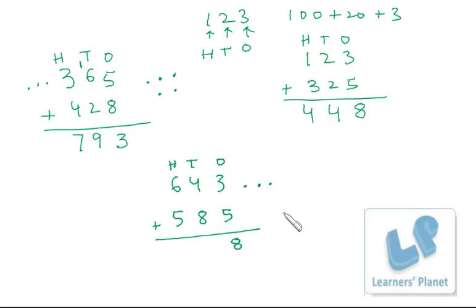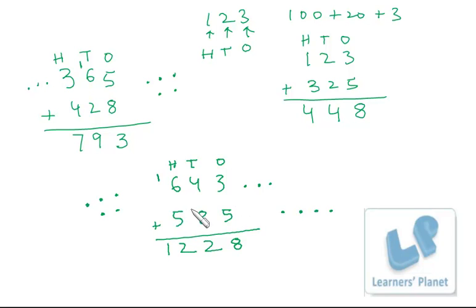So 8 is in your mind, 9 10 11 12. Write 2 over here and 1 should be carried. Similarly 6 and 5. So 6 is in your mind, 7 8 9 10 11. So 6 and 5 is 11 and then 1 is 12. So the addition of 643 and 585 is 1228.